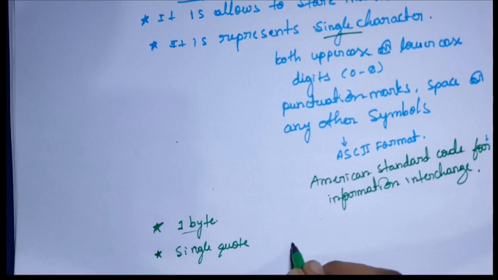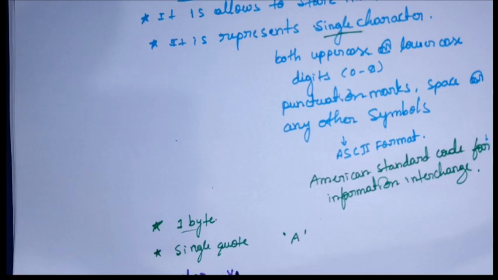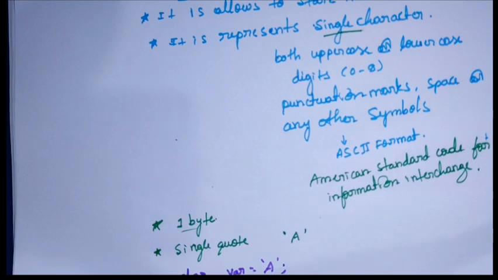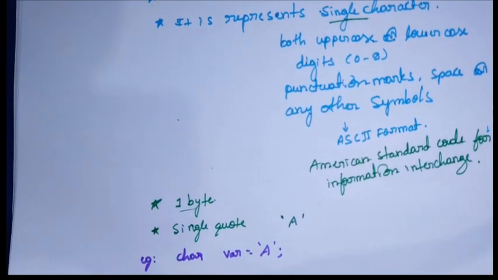Suppose I have to represent A, that will be with the help of single quotes. Take an example: char, variable is equal to 'A'. So this is the way of creating a character data type.